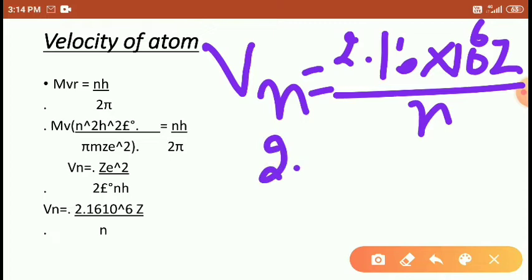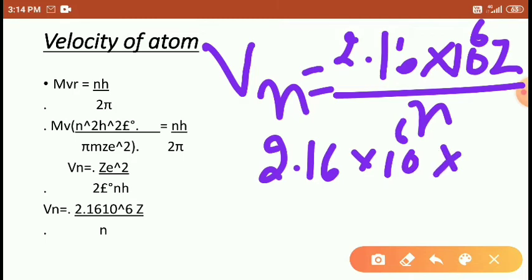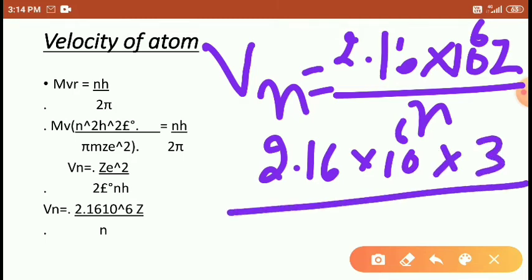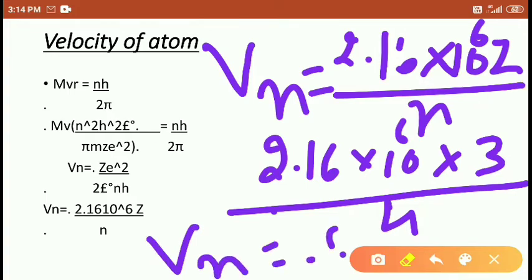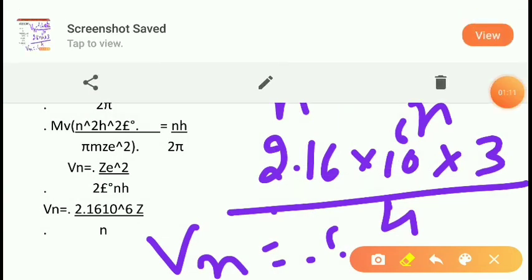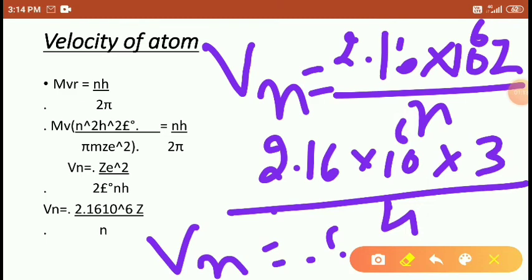The atomic number of lithium is 3, and the energy level you want is 4. Then you get the velocity of electrons of lithium in the fourth energy level, right students.